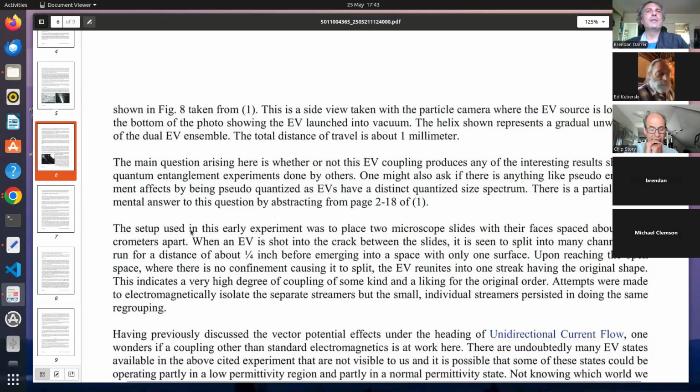The setup used in this early experiment was to place 2 microscope slides with their faces spaced about 5 micrometers apart. When an EV is shot into the crack between the slides, it is seen to split into many channels and run for a distance of about a quarter of an inch before emerging into a space with only one surface.